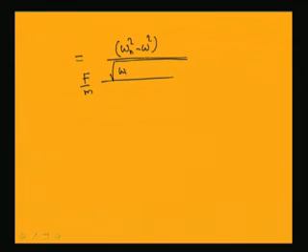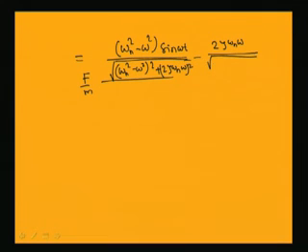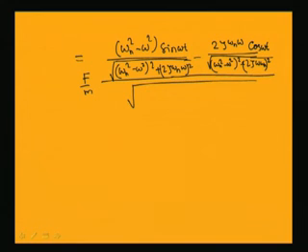So, this is equal to f by m, omega n square minus omega square by root over omega n square minus omega square whole square plus 2 zeta omega n into omega whole square into sin omega t minus 2 zeta omega n omega by root over omega n square minus omega square whole square plus 2 zeta omega into omega n whole square into cos omega t, by root over omega n square minus omega square whole square plus 2 zeta omega n into omega whole square.